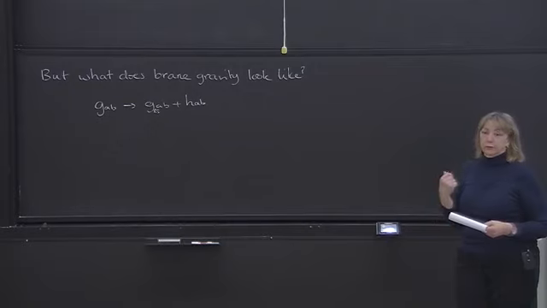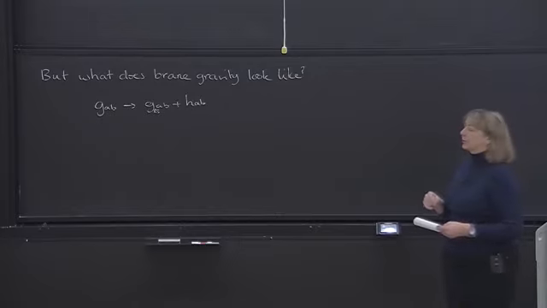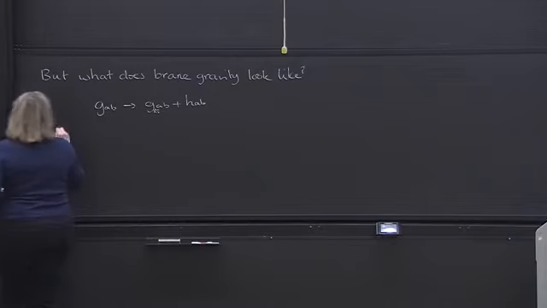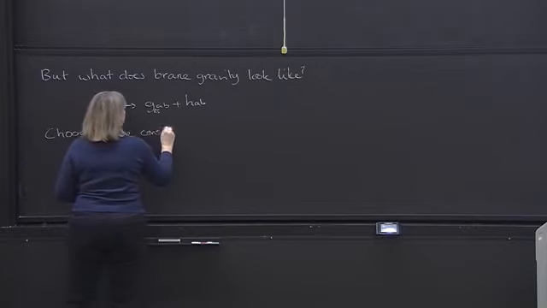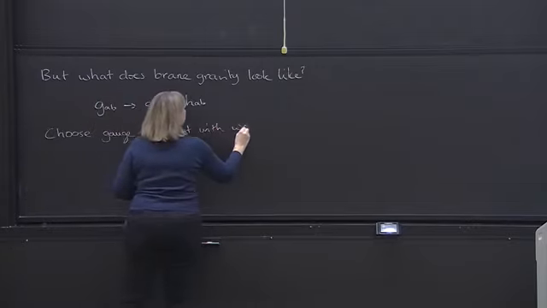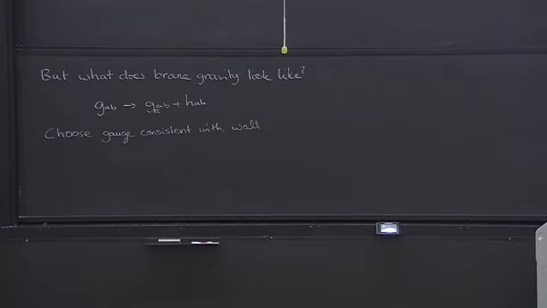So this is part of the reason I've chosen this particular demonstration of 4D gravity, because I'm going to choose a different gauge. I'm going to choose a gauge that's consistent with the fact that we've got a wall.